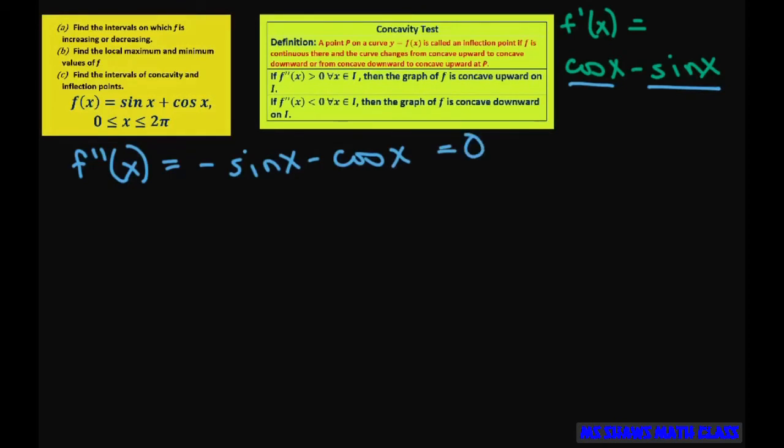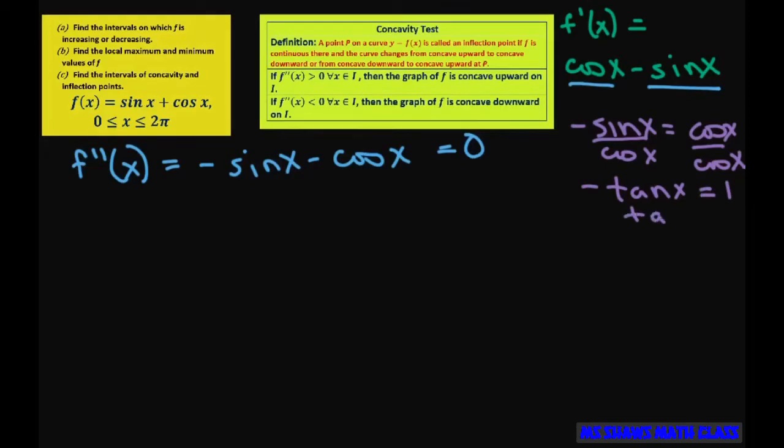So what we get is add cosine to both sides and divide both sides by cosine. You get negative tan of x equals 1, or tan of x equals negative 1. So basically, tan of x is negative 1. At our critical values, x equals 3 pi divided by 4, or 7 pi divided by 4.